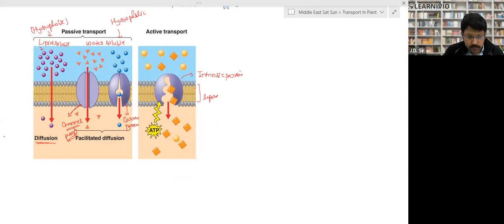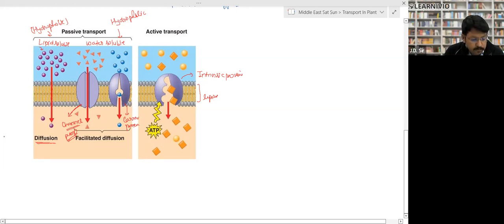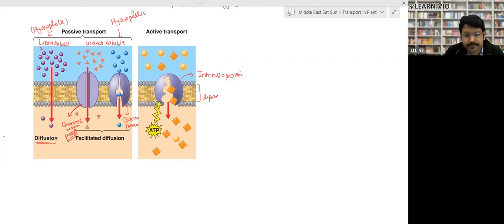The first, diffusion. Diffusion is movement through passive process, and it's slow. Full stop. It occurs along concentration gradient.